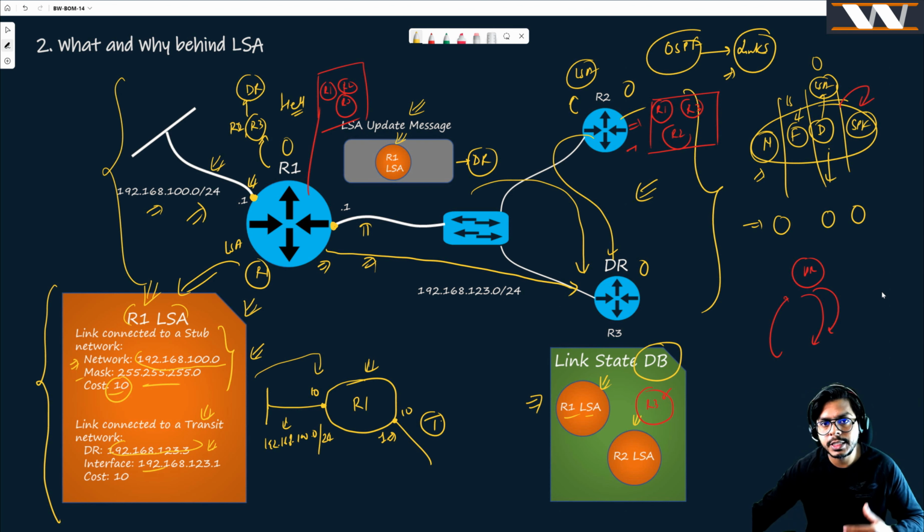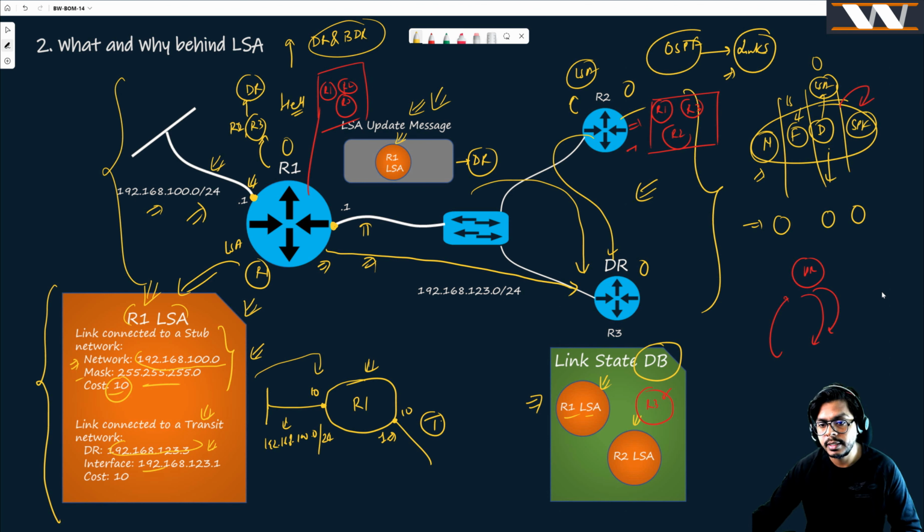Just before this, I explained the board where we were talking about DR and BDR, the election process. In this board, I am presuming that over this link, the DR election has happened.